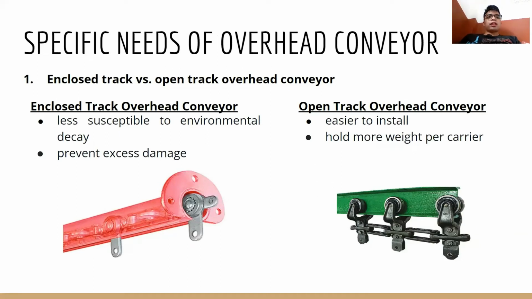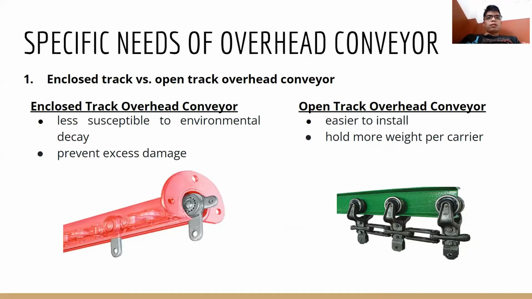So, here are some specific needs of an overhead conveyor. Enclosed track versus open track overhead conveyor. Enclosed track is less susceptible to environmental decay, especially in applications such as painting where overspray can damage the chain over time.